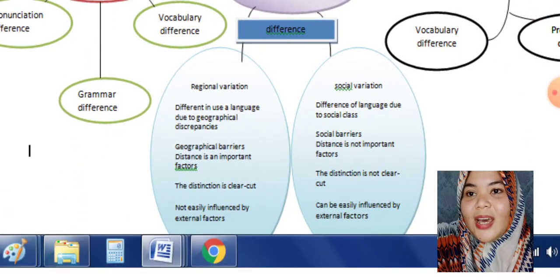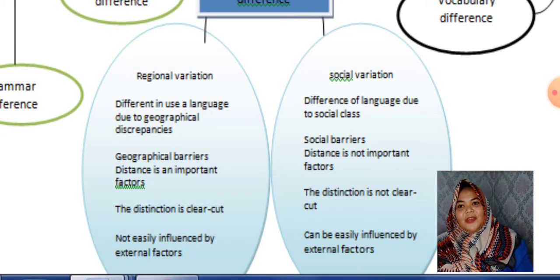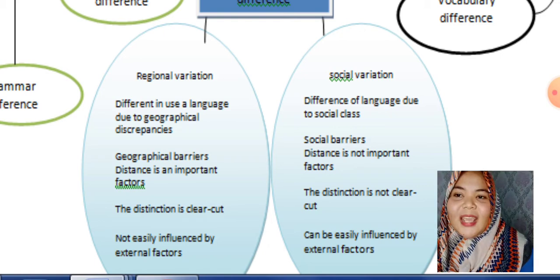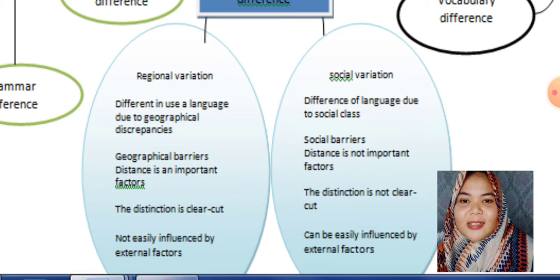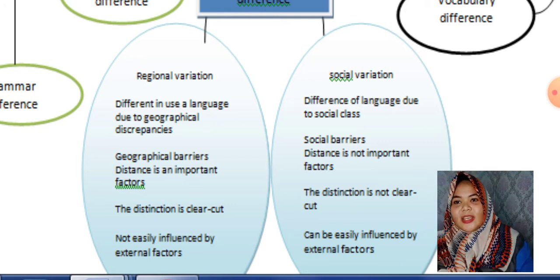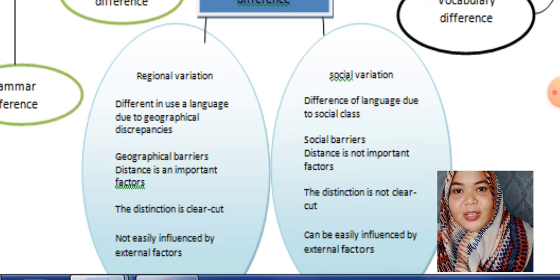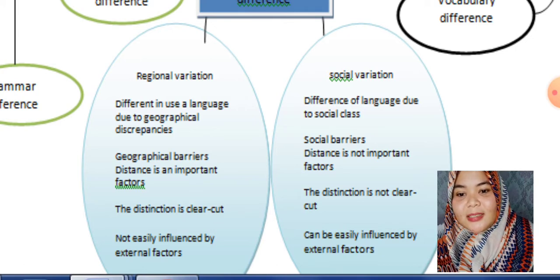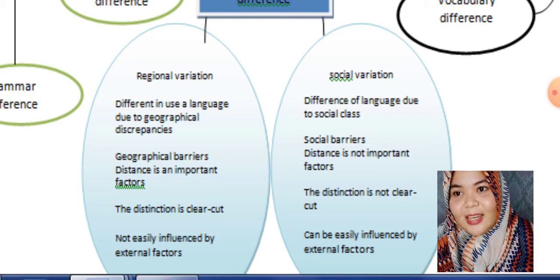Now we are going to look at the difference between the two. Regional variation is a different use of a language due to geographical discrepancies. It means that regional variation is a language variety that happens because of geographical differences.